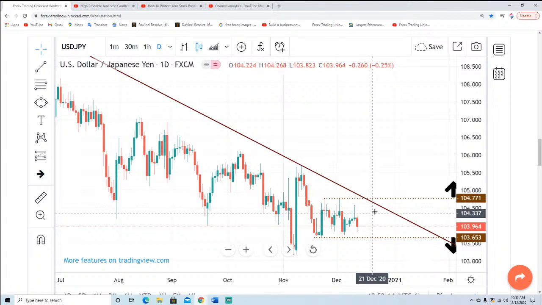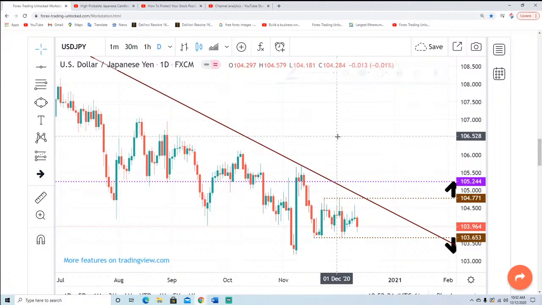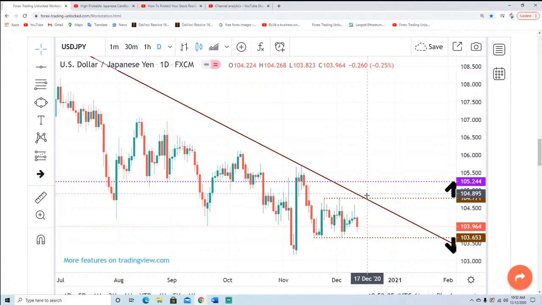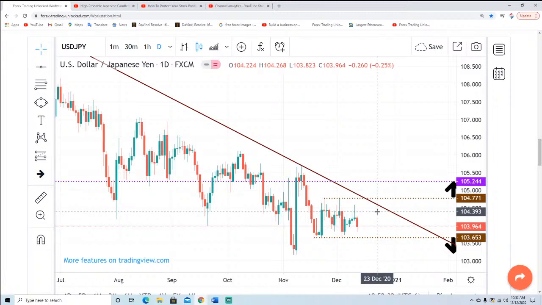So we'll probably come into a lot of heavy resistance at this area. Let me make it a little clearer with a horizontal line right there. So yeah, 105.24 area, I think you would most likely see us buffer against that first and kind of chop around as we take out the longer term downward trend and start to go into a neutral trend.